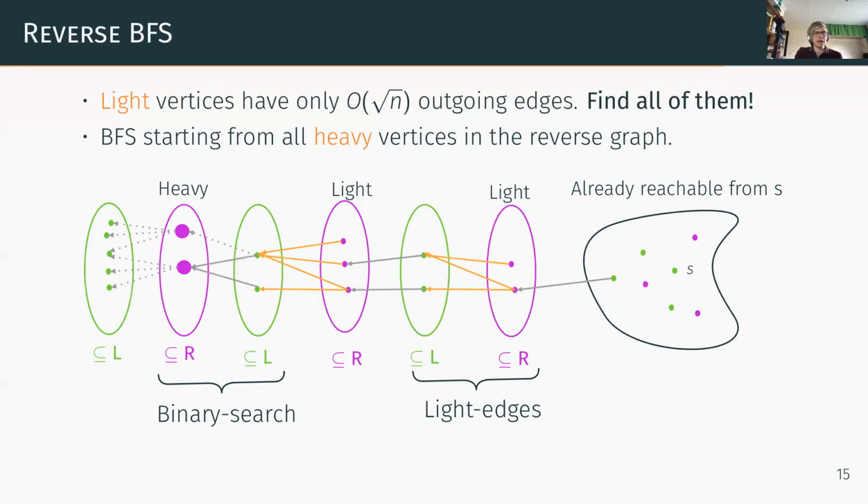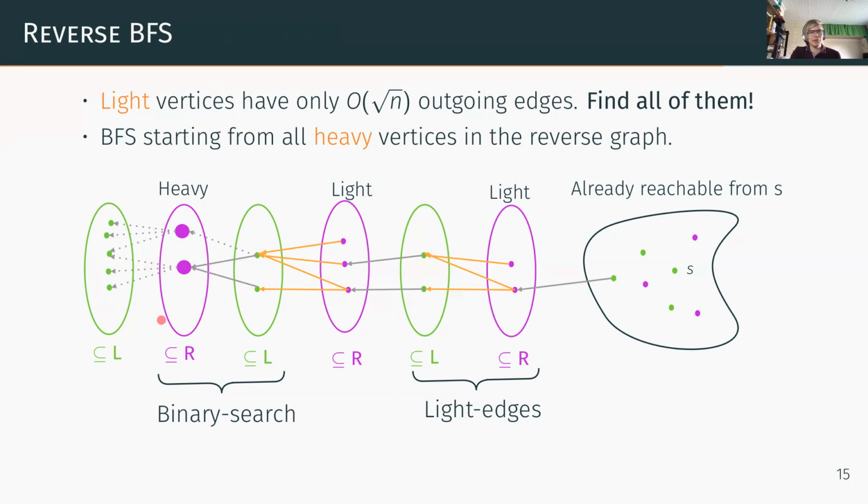And then we will start a breadth-first search from all heavy vertices, working in the reverse graph, so going backwards, and try to find some heavy vertex which is reachable from S. So let's look at this picture here. We have the set of all heavy vertices here, and all of them have large out-degrees. That's the definition of being heavy.